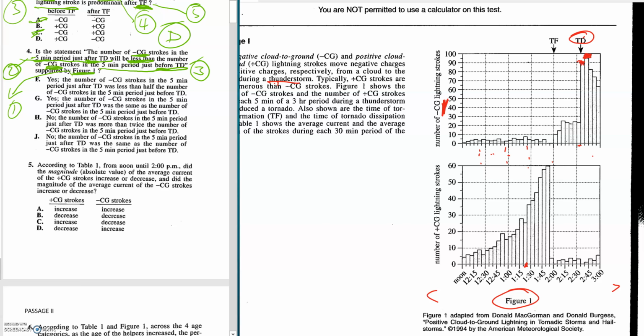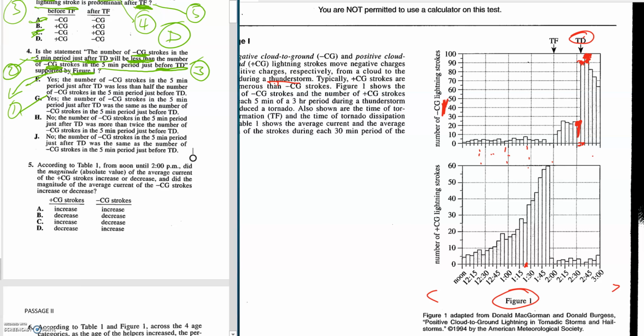Just before this one here, it's a lot smaller. So that's it there, and that's it there. So the question is, are the CG strokes in the 5-minute period after less than? It's no. They're clearly much higher. So any answer that has yes is gone.